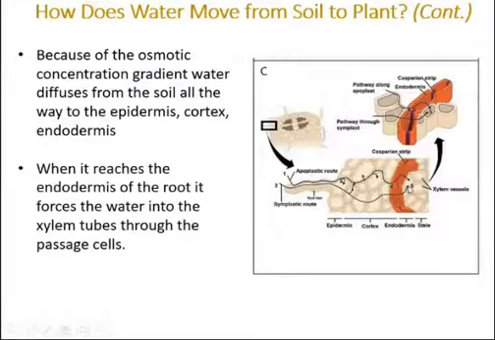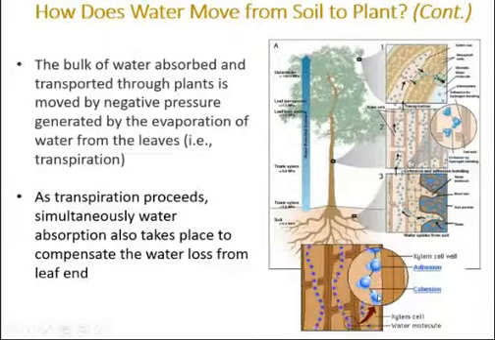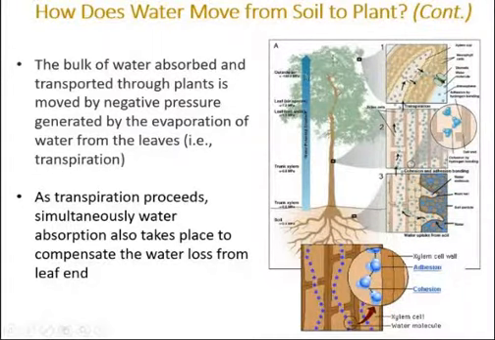When it reaches the xylem, the water moves due to adhesion and cohesion. The cohesion is between the water molecules, which keeps them connected like this, and the adhesion is between the water molecules and the surface of the xylem. When water is lost through the leaves due to transpiration, it induces a negative pressure.